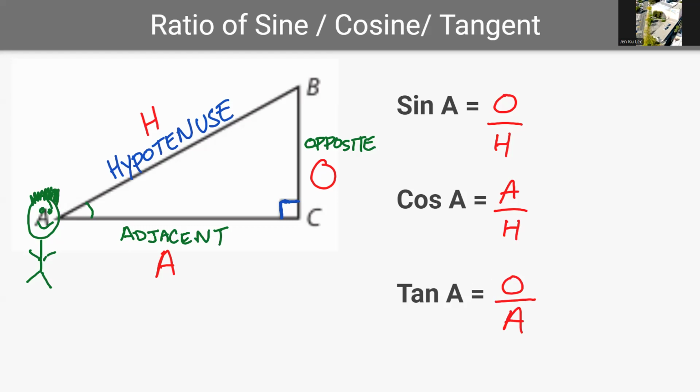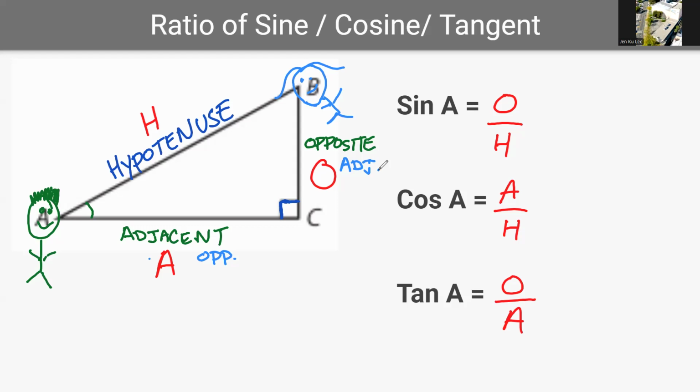Because if you look at it from the viewpoint of B, let's say there's a person here, this side here from her viewpoint, B, is opposite. And from her viewpoint, the opposite side for angle A is your adjacent. So you can't just think of it as a short side, because it depends on what angle you're looking at it from.